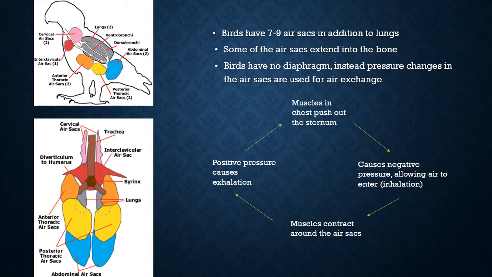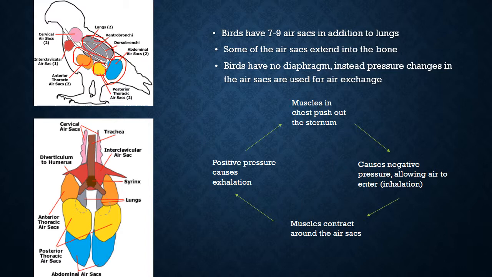Whereas you and I have a diaphragm that when it drops down, it draws air into our lungs, and as it pushes back up, it pushes air back out of our lungs. There's no diaphragm in a bird. Instead, pressure changes in the air sacs are used for that gas exchange. And those air sacs, like I said, are all throughout their body. You can see that in these pictures over here on the left. So here are the different pairs of air sacs in addition to the lungs.